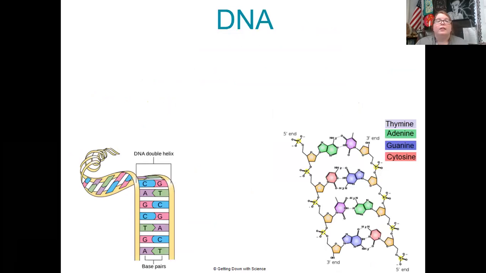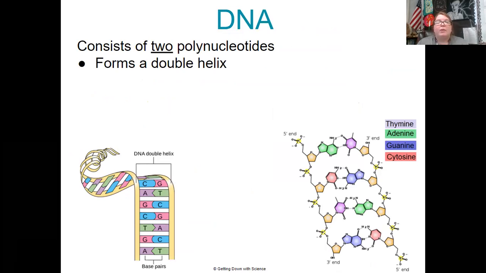Okay. So DNA consists of two polynucleotides. All that means is that there are two strands of nucleic acids that get bonded together. DNA is a double helix. So you've probably heard that or seen that before. The strands are anti-parallel, which means that they're basically like mirror images.